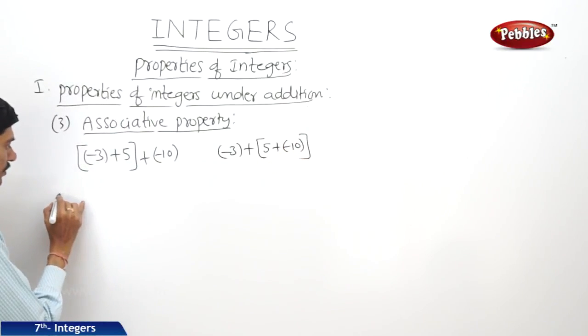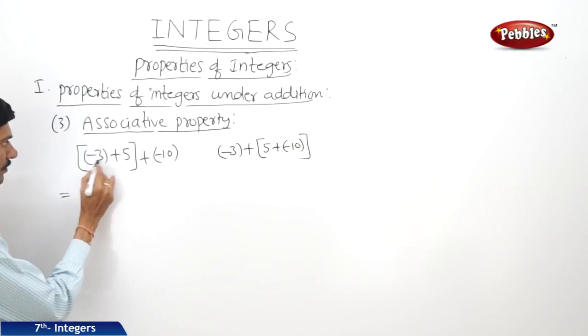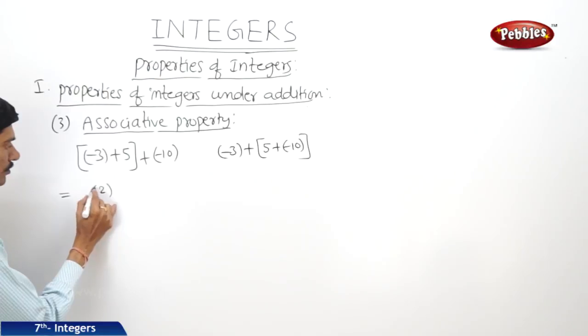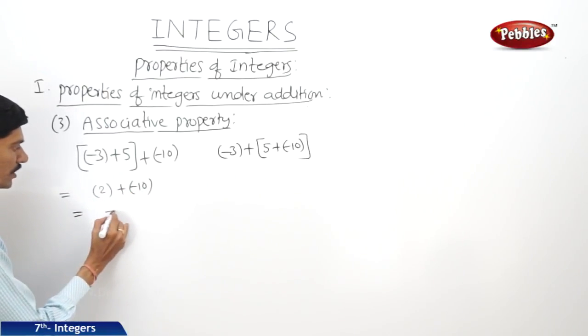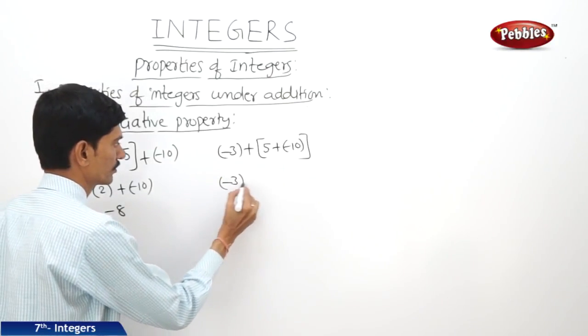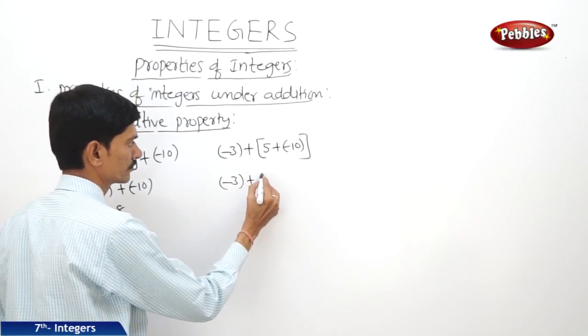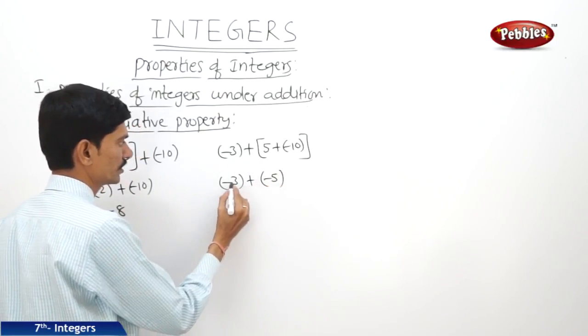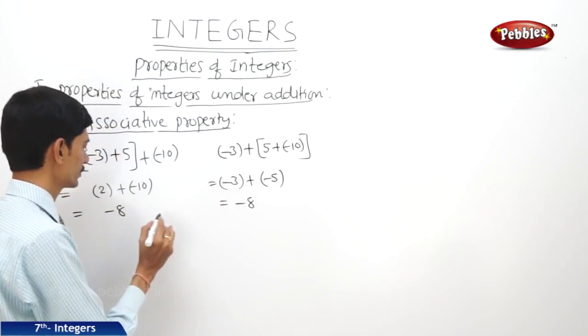Now first let us find the value of the first expression. So minus 3 plus 5 is 2, plus minus 10. So 2 minus 10 is minus 8. Now here minus 3 plus 5 minus 10 is minus 5, and minus 3 minus 5 is minus 8. So both values are same.